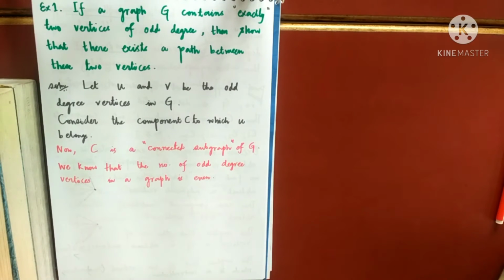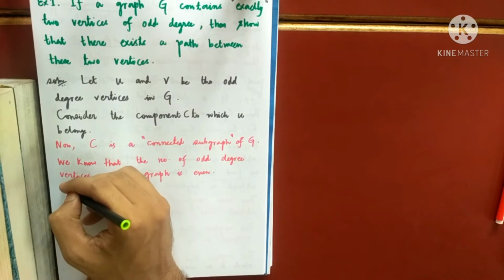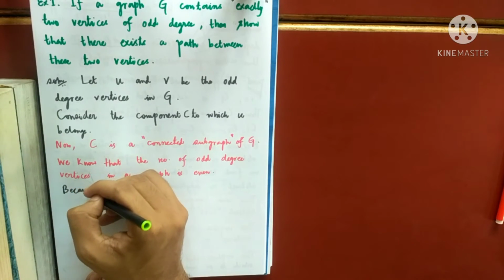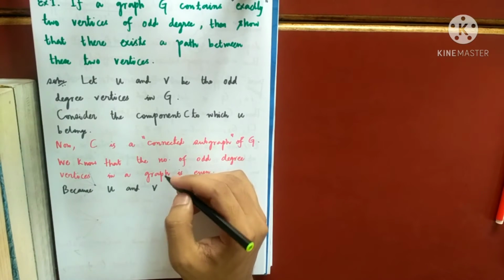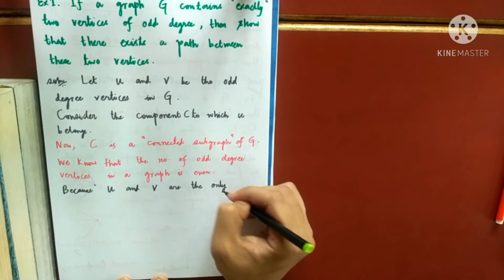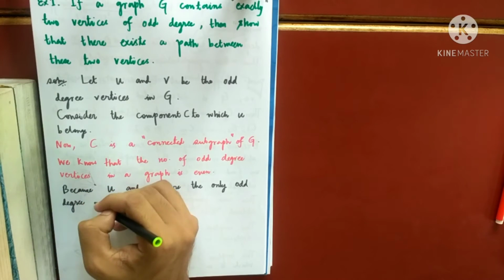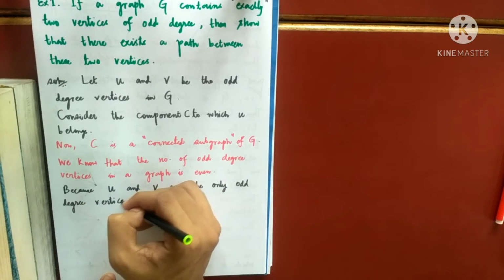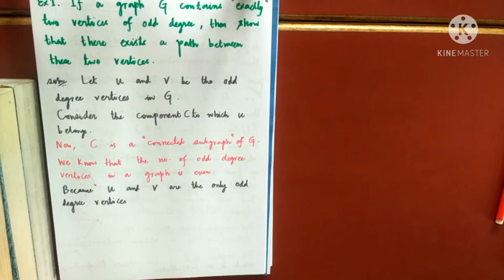In a graph, the number of odd degree vertices is always even. So now you understand my point. Because U and V are the only odd degree vertices, what can I say?